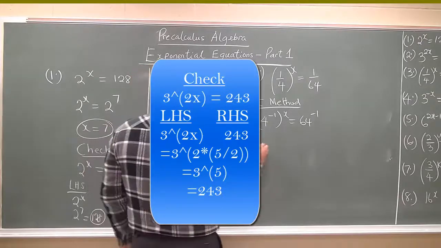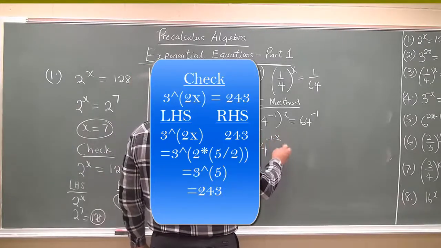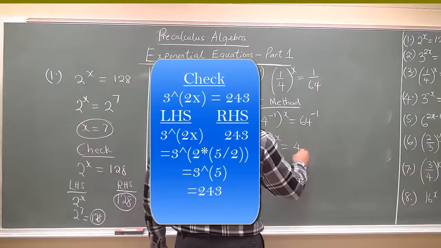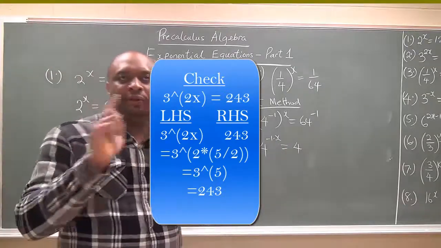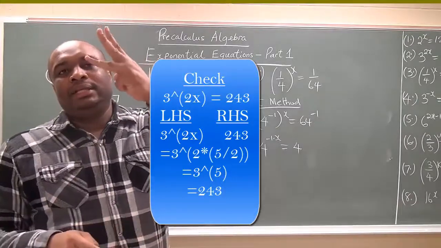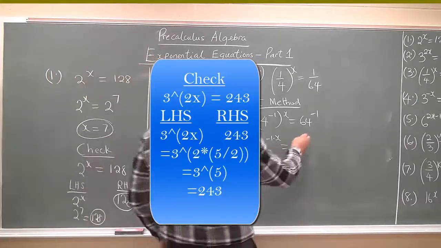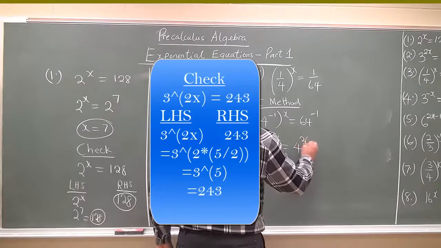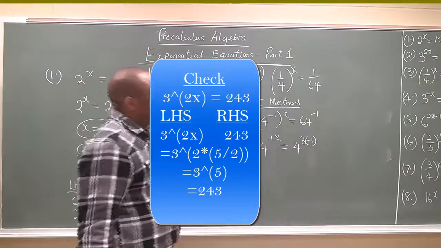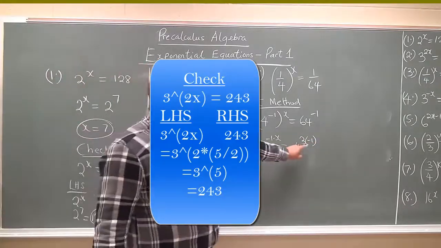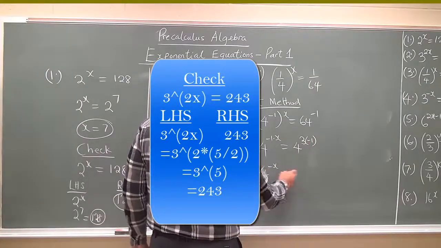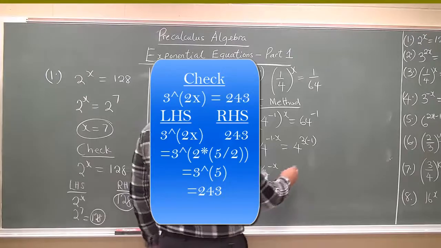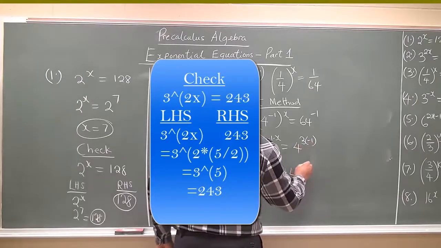Now this means 4 to the -1 times x is equal to, now 64 is what? 64, 4 times 4, 16 times 4, 64. So this is 4 cubed, right, times -1. You see, this is 4 cubed, then times -1. So this is 4 exponent -x equal to 4 exponent 3 times -1, which is -3.